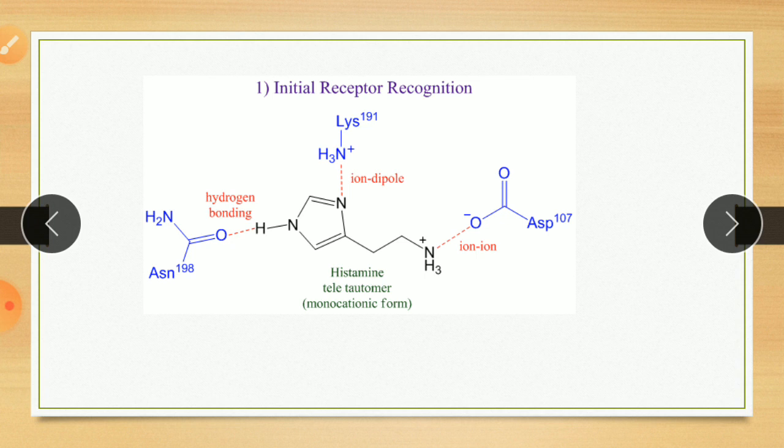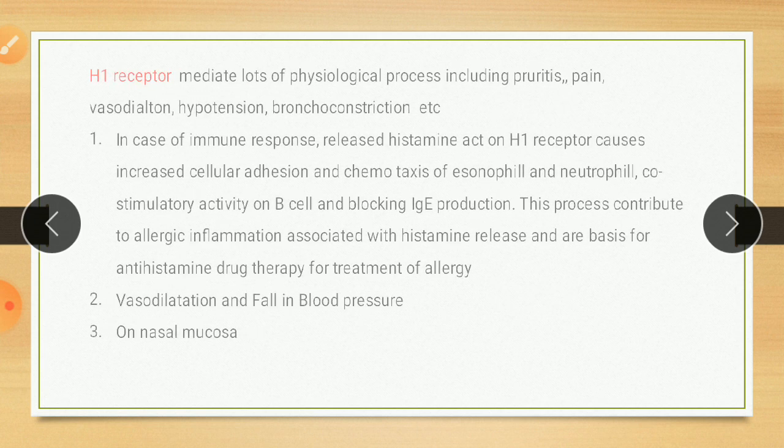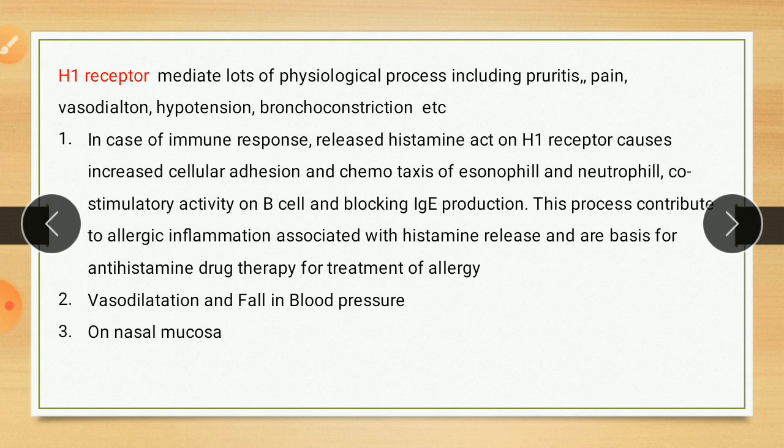As a result of widespread tissue localization, the H1 receptor mediates lots of physiological processes, including pruritus, pain, vasodilation, hypotension, headache, bronchoconstriction, etc. So these are the main effects when histamine binds to the H1 receptor. Pruritus means itching.